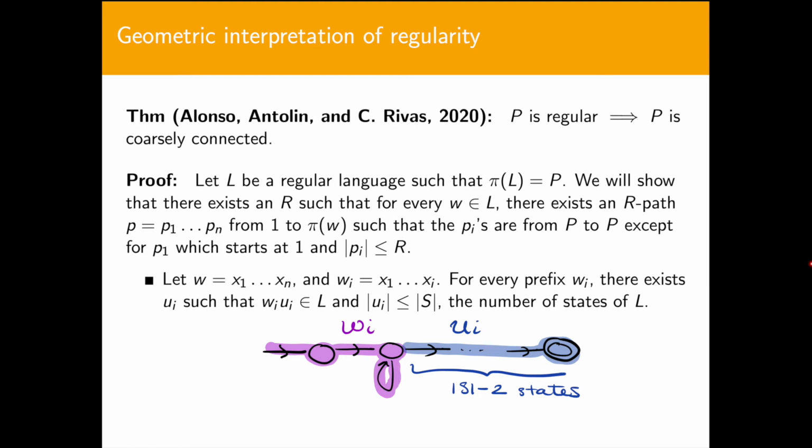So now you've hit a certain number of states, right? You're at some state. And now, how many more states do you have to go through to get to your accept state? Well, less than the number of states in your automaton, right? So now just take Ui to be the shortest word leading you from the state at which Wi stopped into the accept state. Then Ui is going to be in length less or equal to the number of states, clearly.